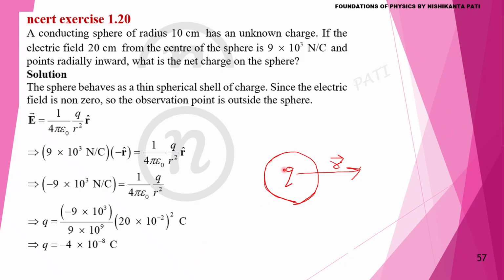So due to q charge, here the electric field is this, and the electric field is given to be this much. It is written radially inward. So the electric field is given, we know the electric field formula, then equating we can solve for q. Q comes out negative, 4 into 10 to the minus 8 coulomb.